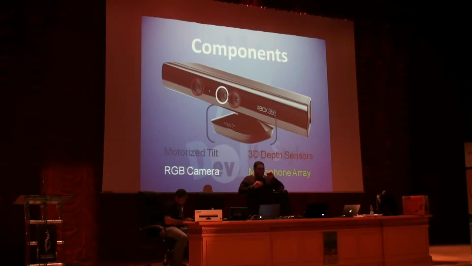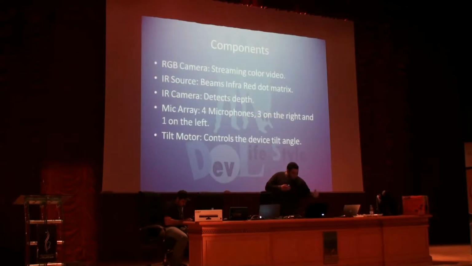It can detect how far objects are from the camera. It's using a matrix of dots, illuminating dots, and deciding for each dot how far it is from the camera. And a microphone array. It has 4 microphones, 3 on the right and 1 on the left. So just listing the components.